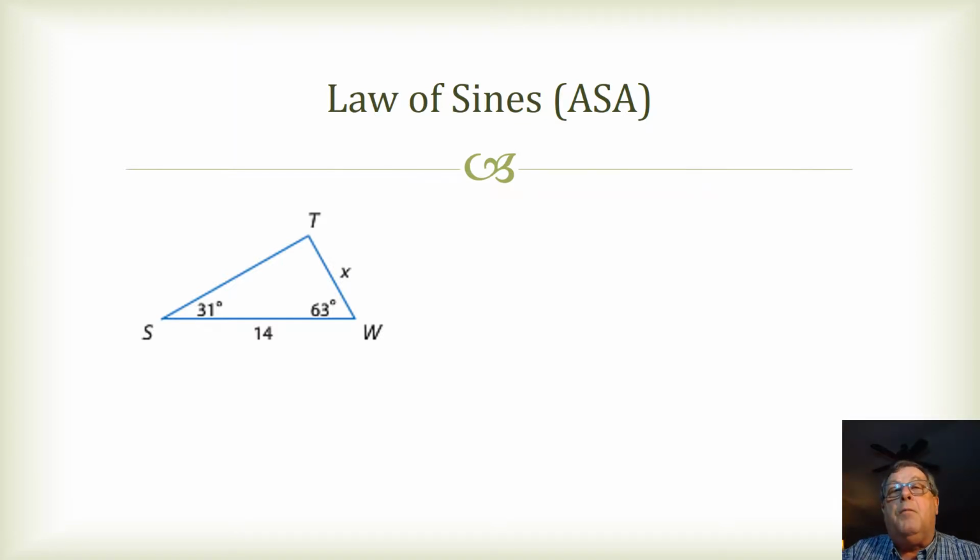We're going to look at a couple more examples where we can use the law of sines to find missing side measures in triangles that are not right triangles.